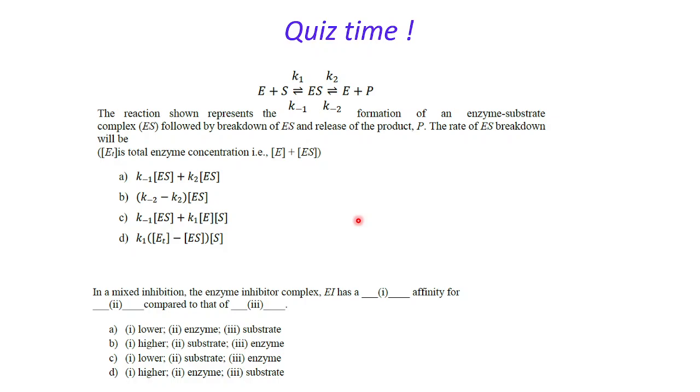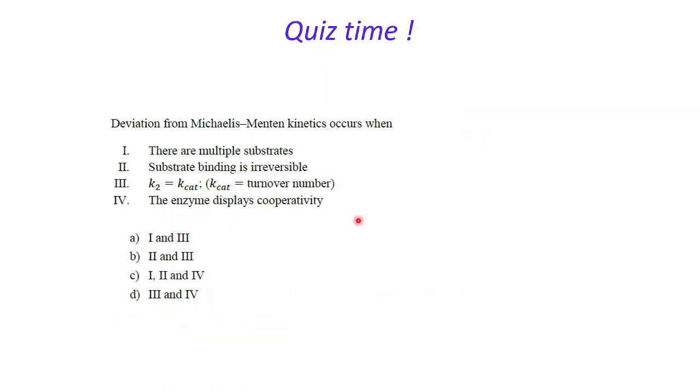So over here, C, D both can be correct. Lower affinity for the substrate compared to enzyme, or higher affinity for the enzyme compared to the substrate. So C and D both can be correct over here, whichever you give is right.